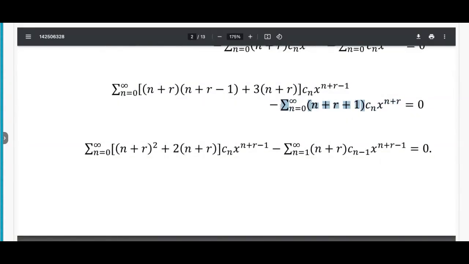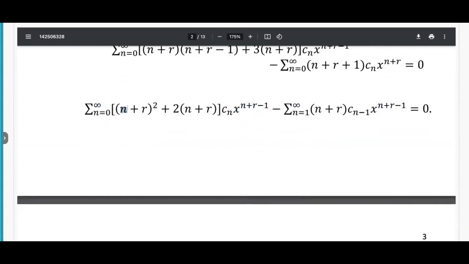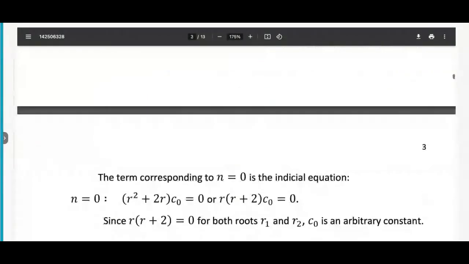So we ignore the n equals 0 term and reindex this, starting from 1. In that case, we can match up those two exponents of the variables. Then when the summation is 0, that means all the coefficients add up to be 0.